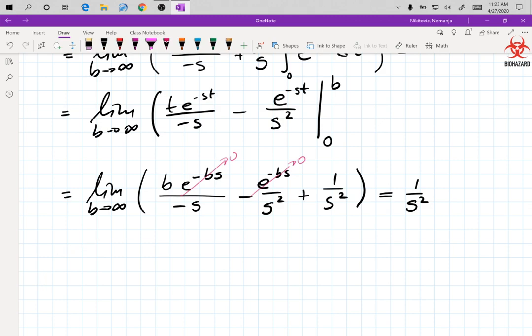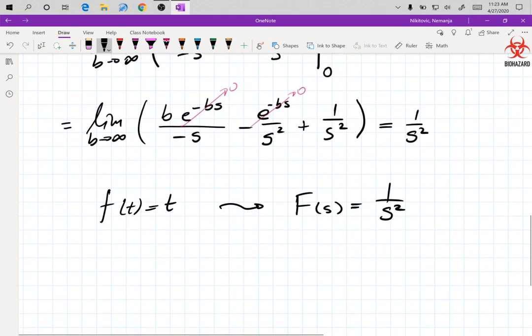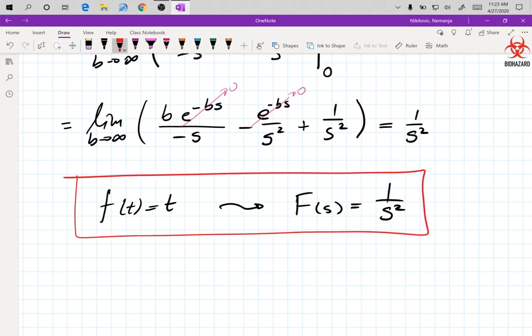And what we have found is that our f of t equals t transforms into f of s equals 1 over s squared. This is in your table of Laplace transforms. I'm not sure whether that's on the front or on the back. Back of the book appears to have a table of integrals.